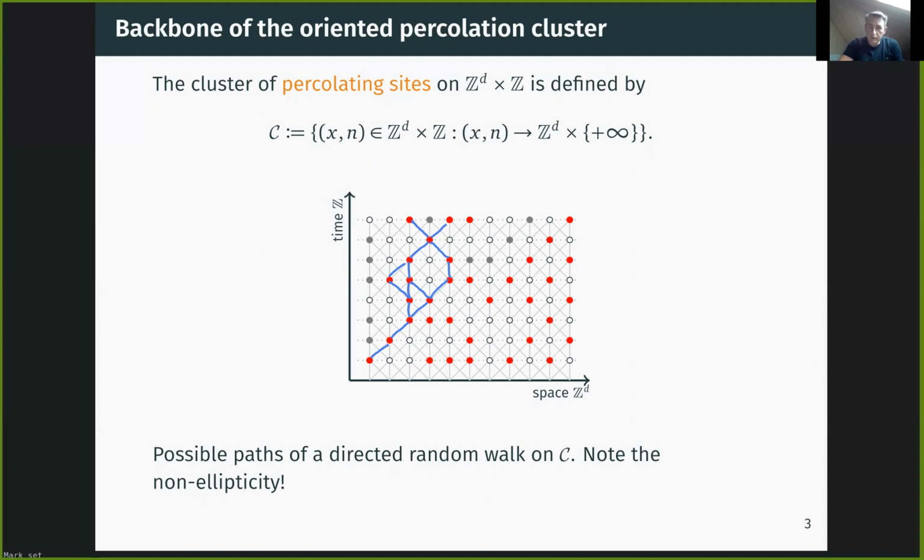But what can be seen here already is that this random walk is not elliptic, because, for example, in the second step, I can only choose one site from the cluster C, but not the others.